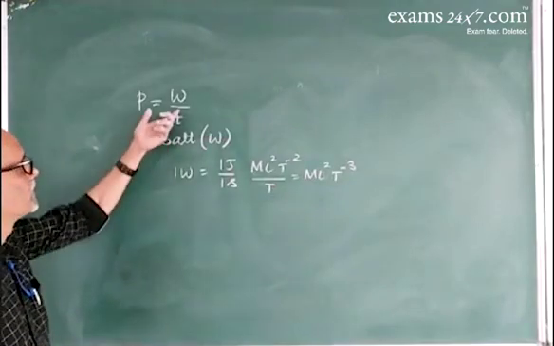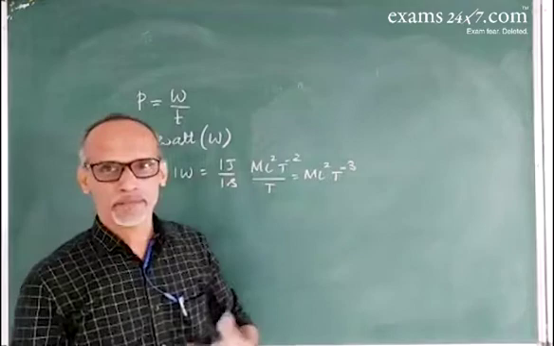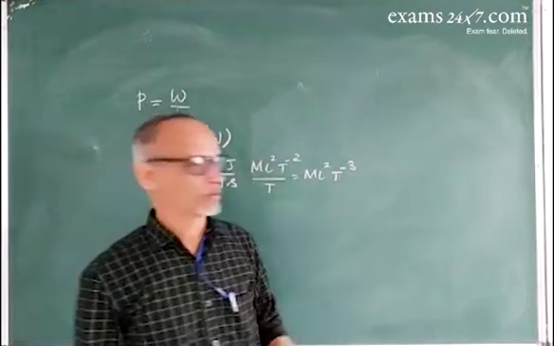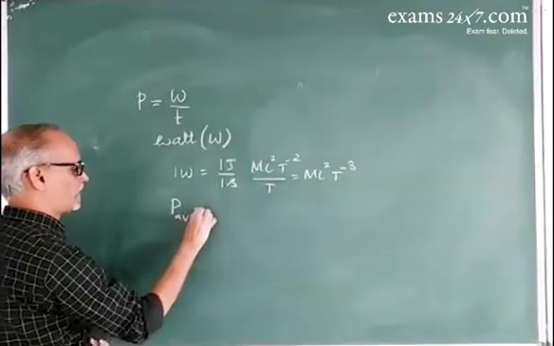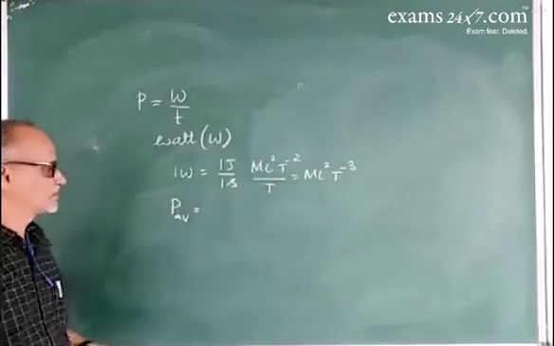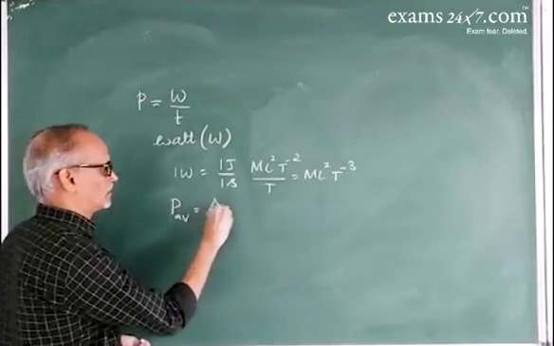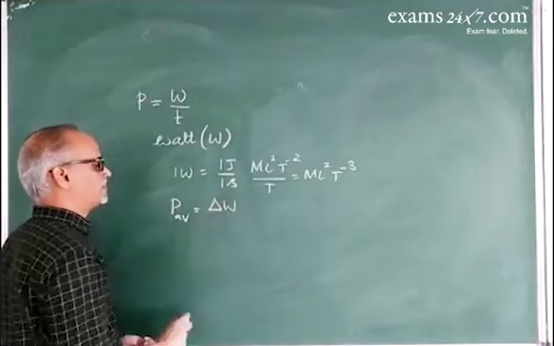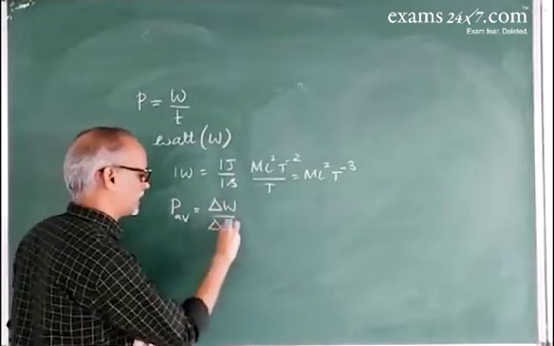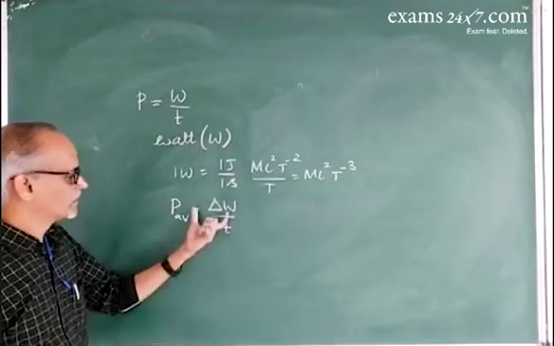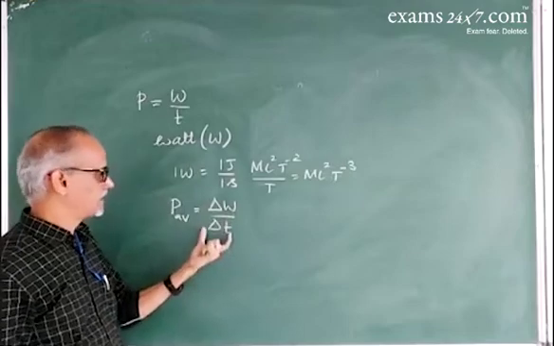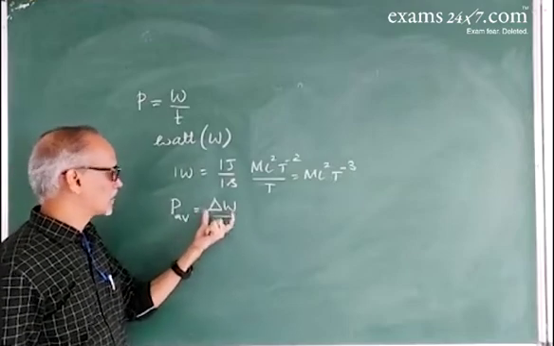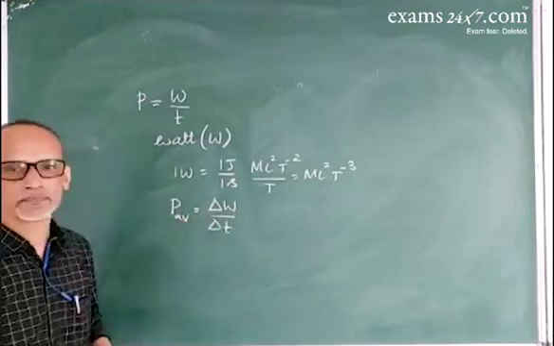If the work is done by a variable force, the average power consumed is equal to the net work done, that is delta W by delta T. So net work done by the time taken to do that work gives the average power.